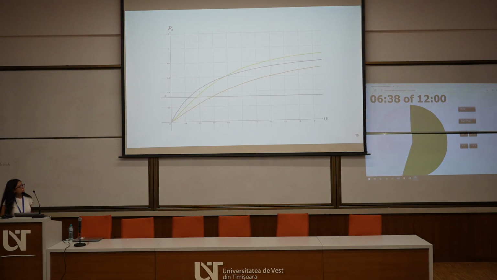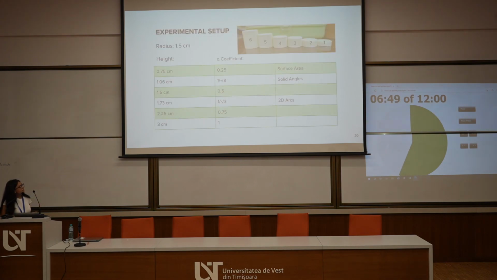And here are all the 3 models in the same graph, and that gray line represents the equal probability, so it crosses 1/3 on the y-axis. Now, for our experiment, we 3D printed 6 dice, all with the same radius of 1.5 centimeters, but all of them with different heights.